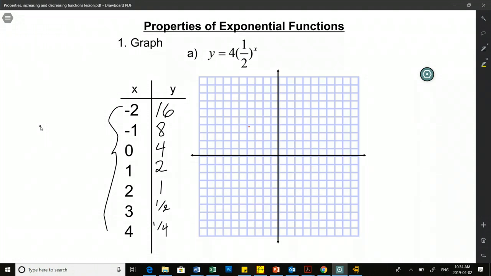Okay, so I think that we are going to have to go by 2's on here in order to fit this point, -2, 16. So on the y-axis, I'm going to go by 2's. On the x-axis, I'm just going to go by 1's. So we'll do 2, 4, 6, 8, 10, 12, 14, and 16. And then 1, 2, 3, 4, 5 on the x-axis.